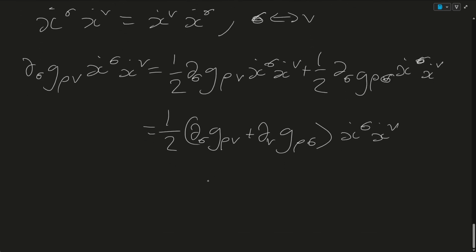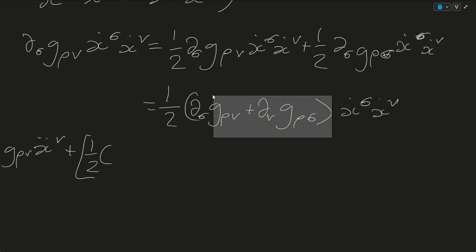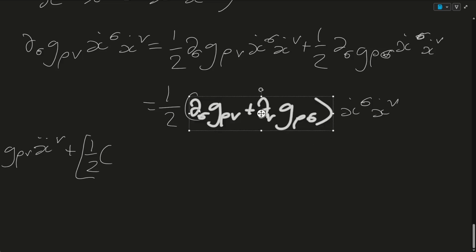And we can substitute things back into our main equation now. G rho nu x double dot nu plus that part, half bracket. I'm going to copy it because I'm getting tired of rewriting it every time.